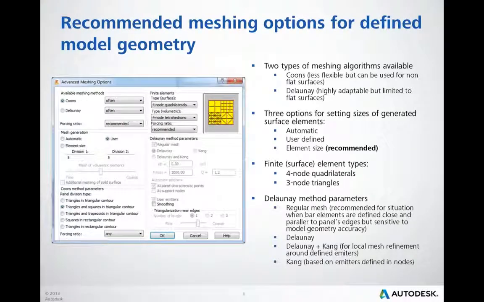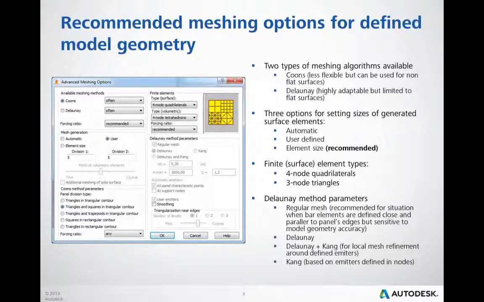Unless forced by a user, the program switches between two available meshing options, Coons and Delaunay, automatically, matching the meshing algorithm with the shape of the defined panel. And for the size of the mesh, for density, we strongly recommend use of element size rather than number of divisions, as this makes the meshes coherent in situations when you have large and small panels combined in the same model.